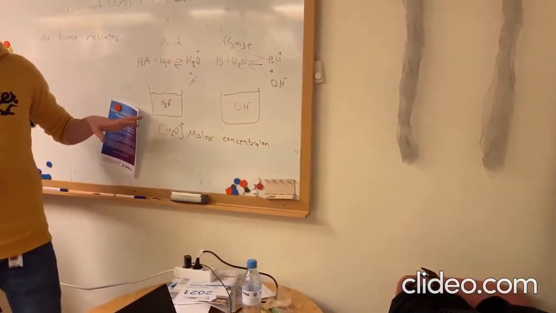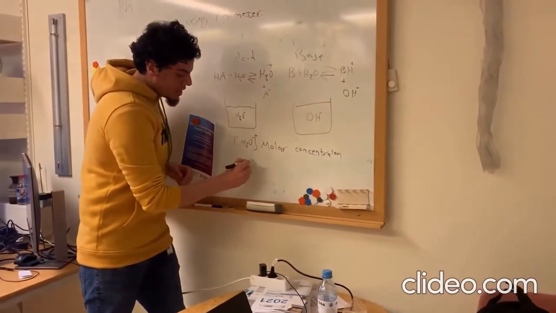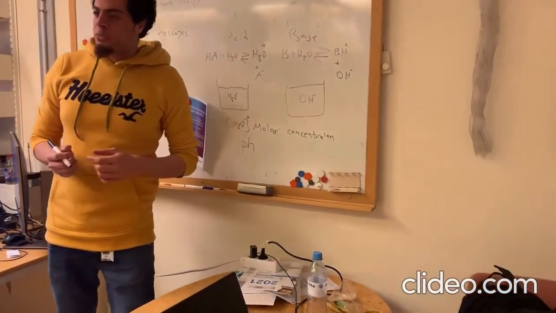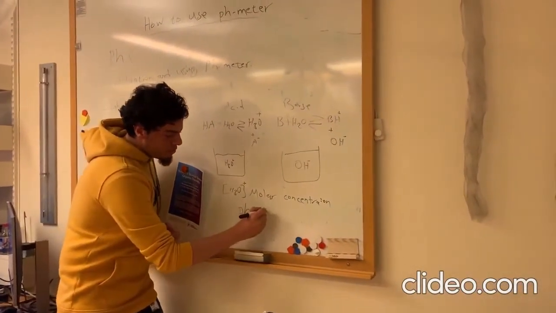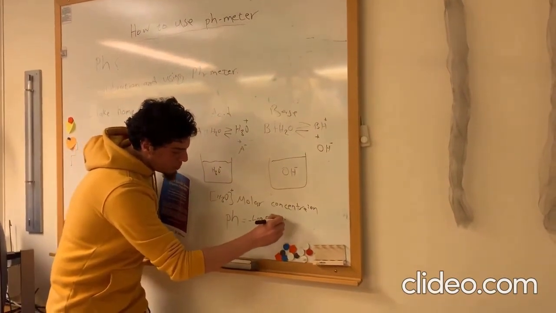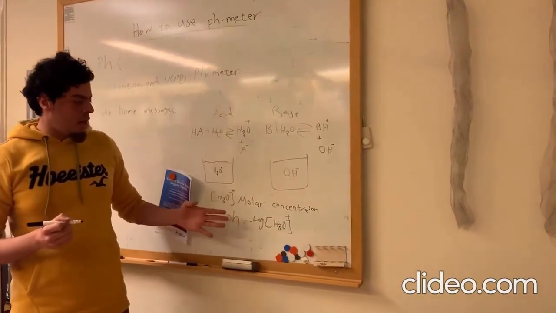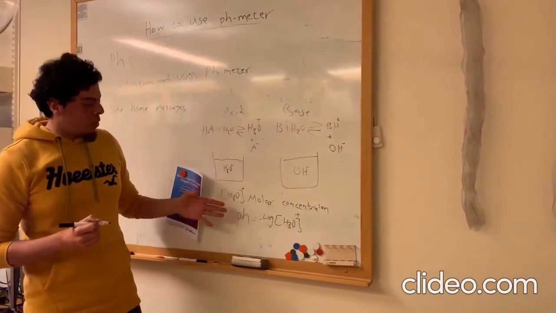But since this amount is practically very, very low, we tend to use the pH as a good practical indicator for acidity or basicity. And pH is the minus logarithm of the hydronium or the proton concentration inside this solution.